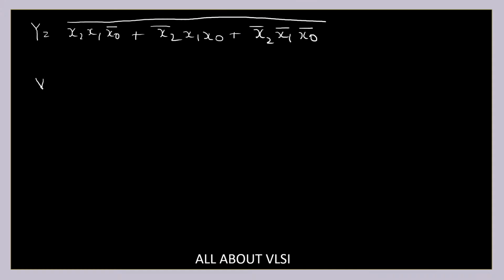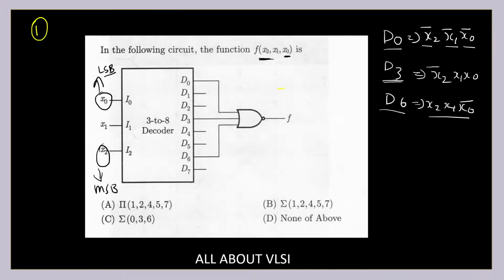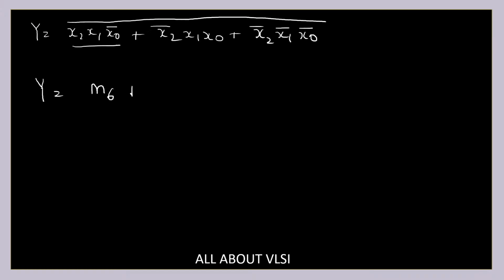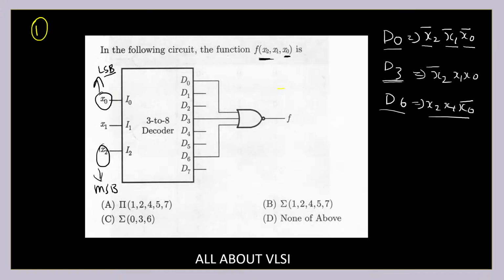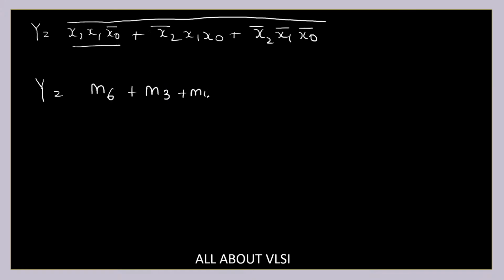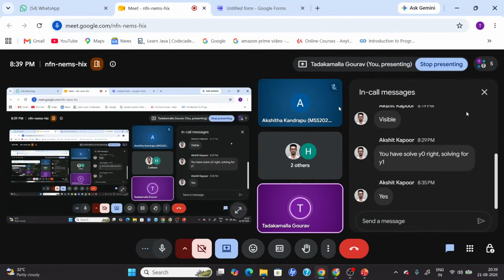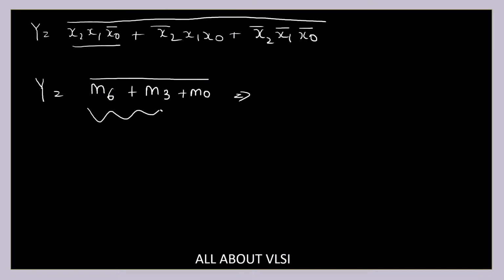Now y is nothing but my minterm m6 plus m3 plus m0, complemented. Can anyone tell me what the result is? M6 complement plus M3 complement plus M0 complement.